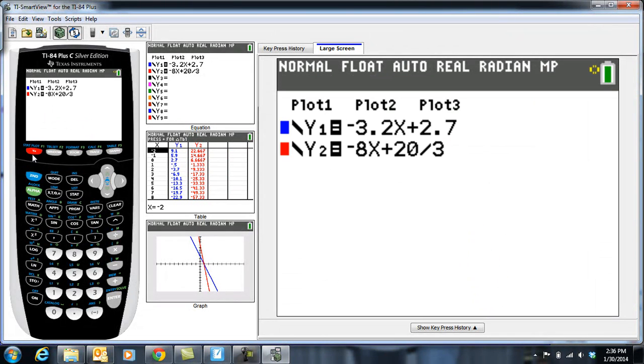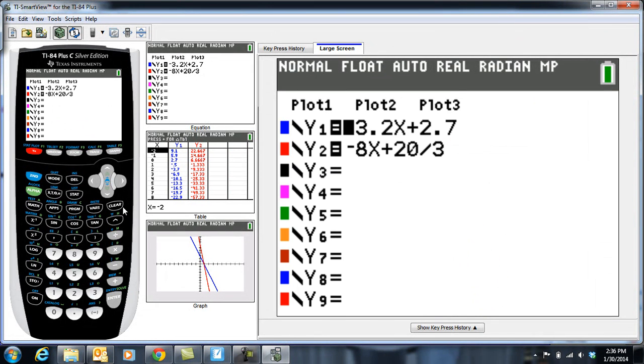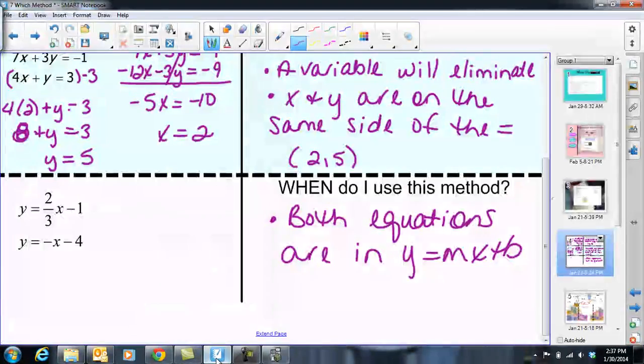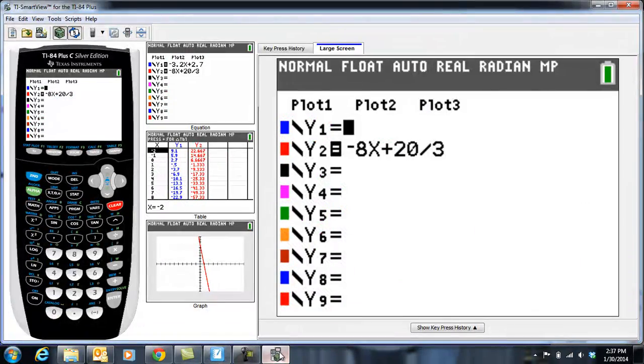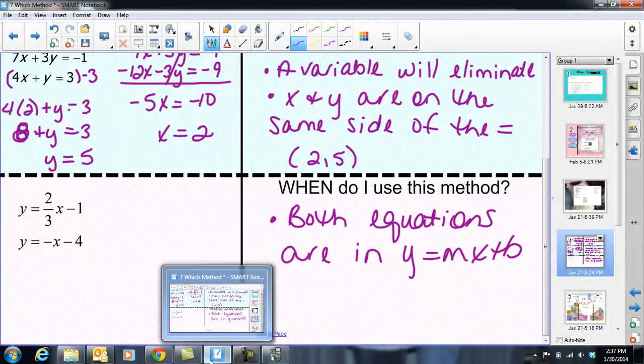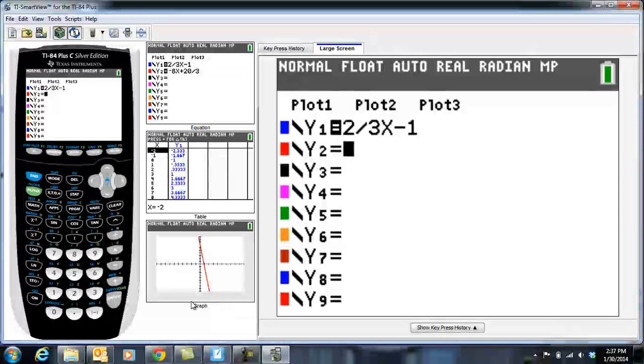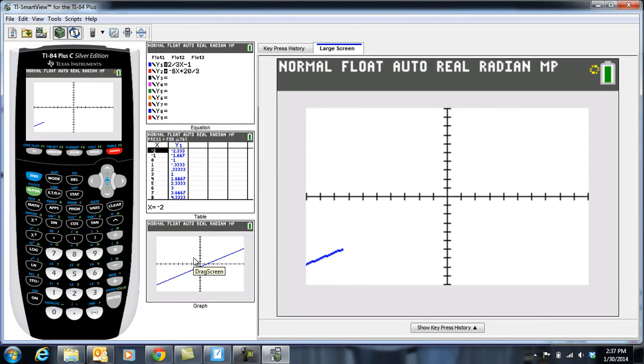So I'm going to use my calculator. I'm going to go to y equals, and in this first equation, I'm going to put 2/3 x minus 1. So I'm going to do 2 divided by 3 x minus 1. And then the bottom equation was negative x minus 4. So I'm going to do negative x minus 4. And then I will graph them so I can look at and see what it looks like.